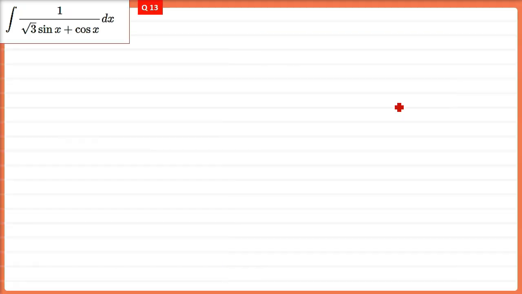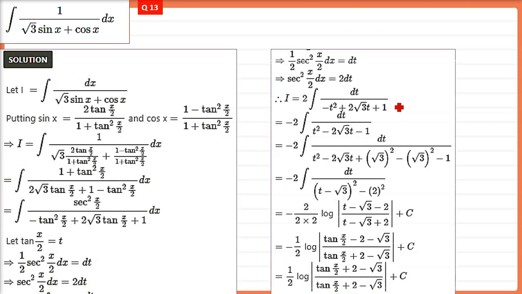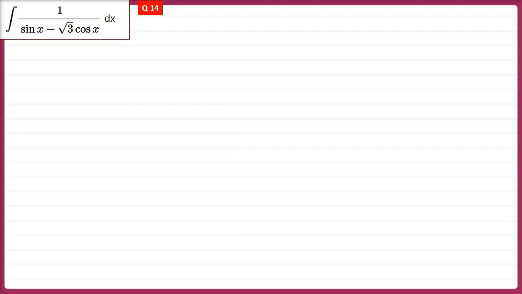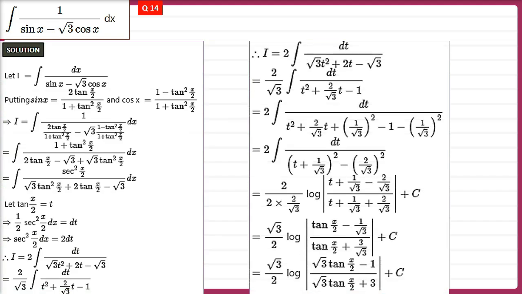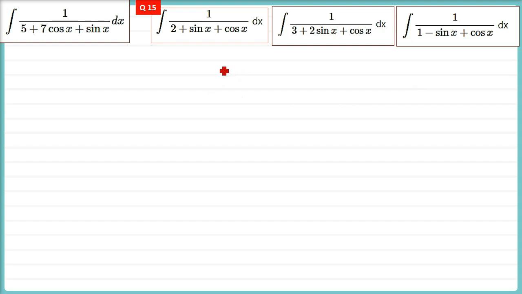Now the next question, as I indicated earlier, they are almost similar. They will not have any other technique. Same, sin x and cos x have to be converted into tan x by 2, and the rest you know, because we have already done it in the 14th question from the beginning. Now these are certain questions which I have highlighted. Some of them we have done, some of them we haven't.